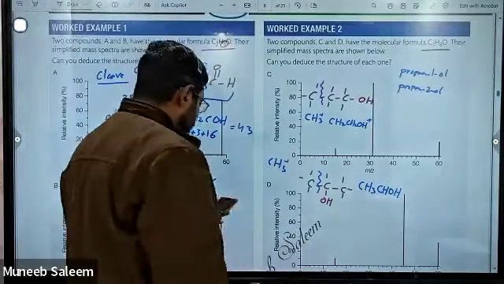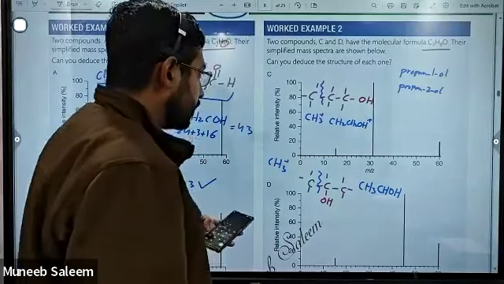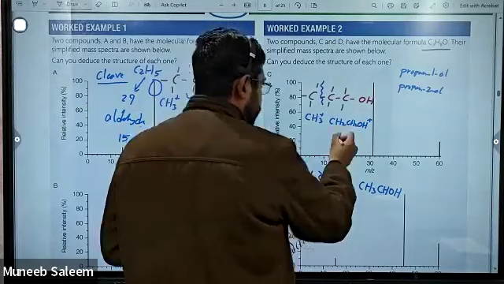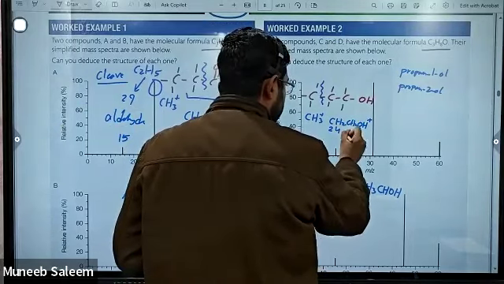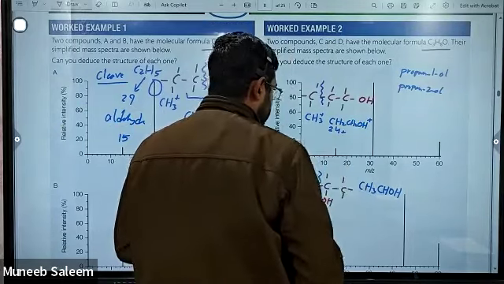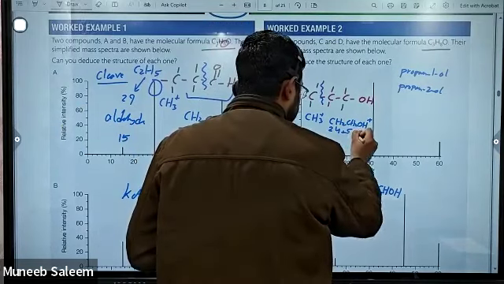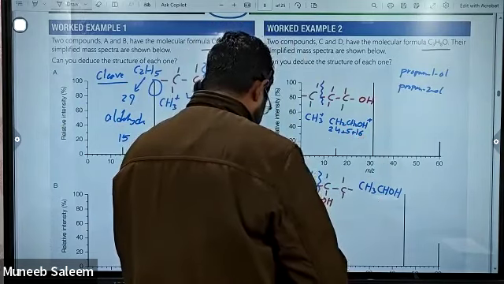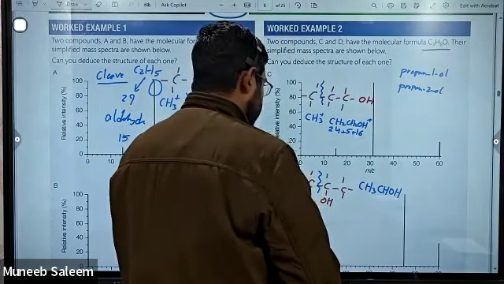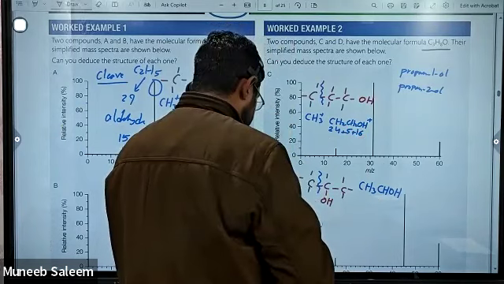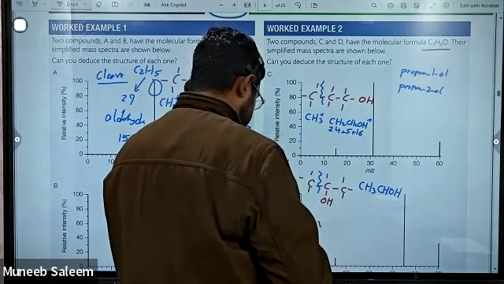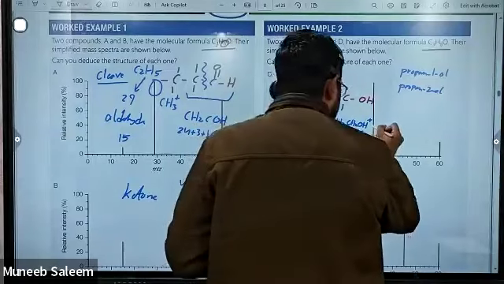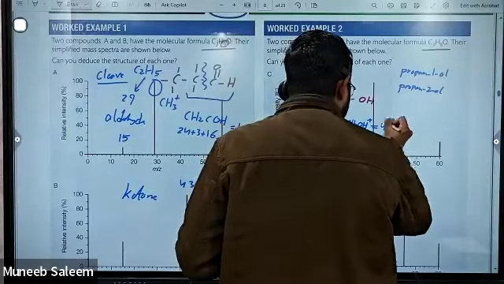This CH3 is already calculated to be 15. Now I need to find for this. It is equivalent to 24 plus 5 plus 16. This gives me 45. The value of this fragment is 45.